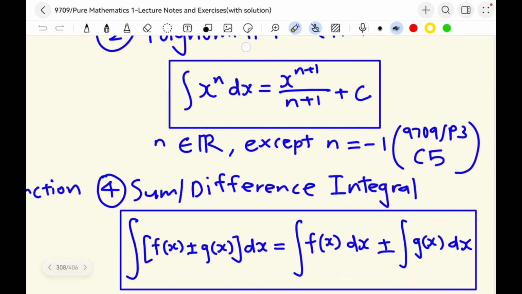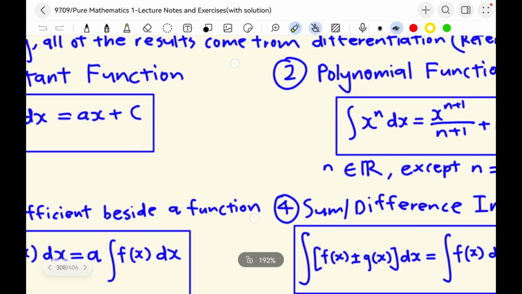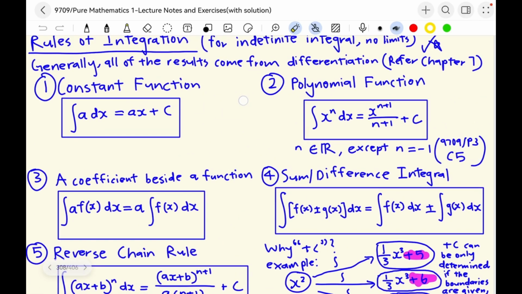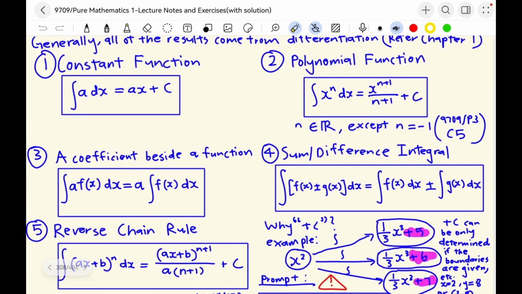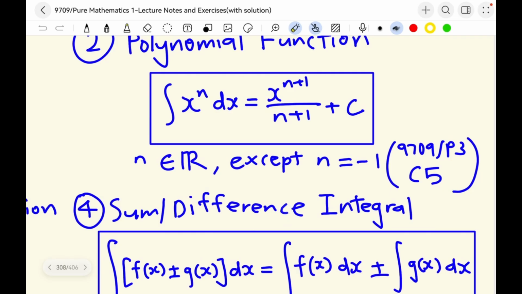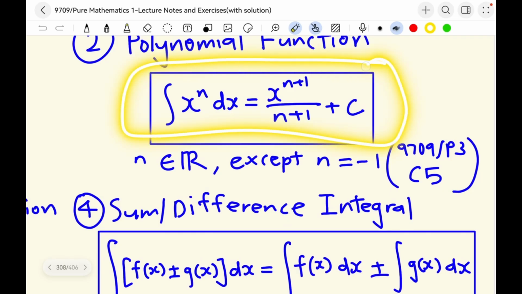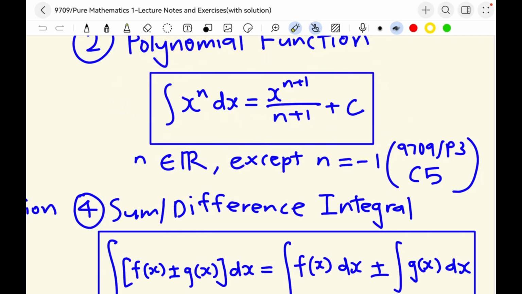And don't forget the plus c. Okay, I know many of you are curious why there's a plus c in the result of the integral. We will explain this later.